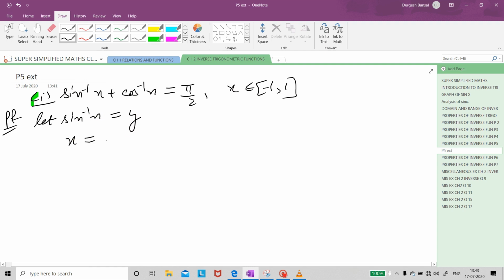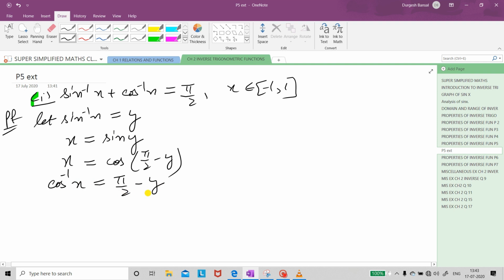Then, students, x will be equal to sin y. But sin y can be written as cos of 90 degrees minus y. Now I can write cos inverse of x is equal to pi by 2 minus y. And now I can write y is equal to pi by 2 minus cos inverse x.